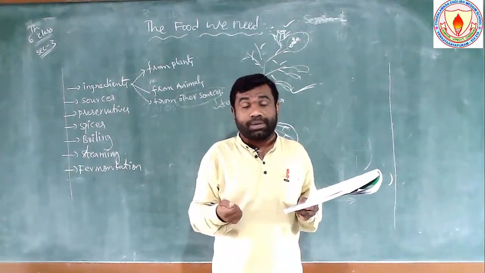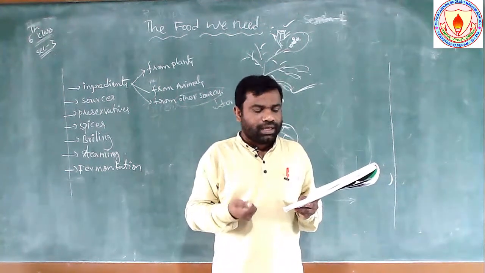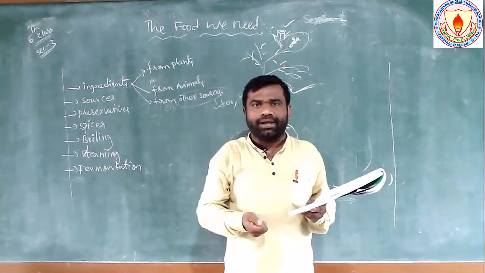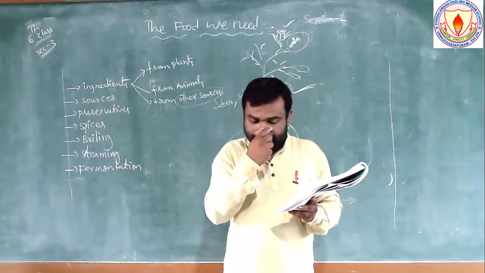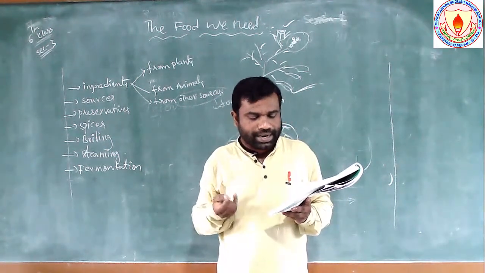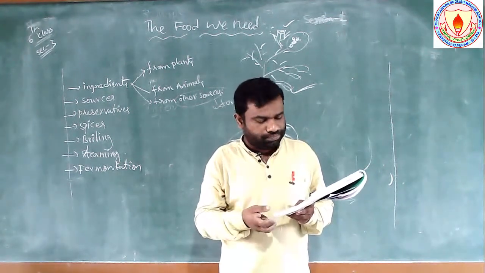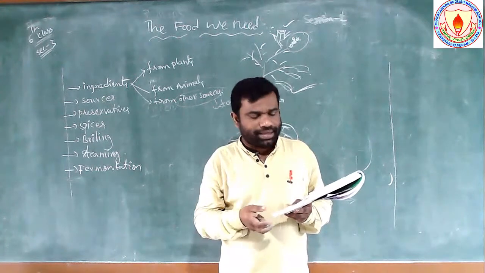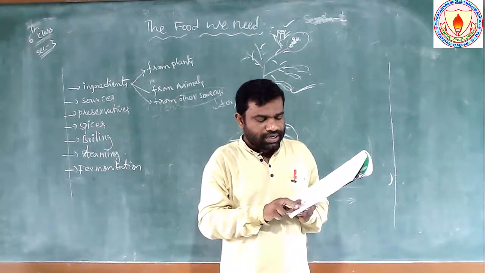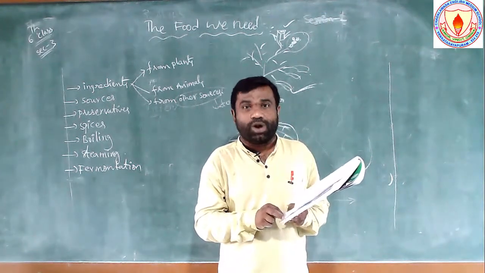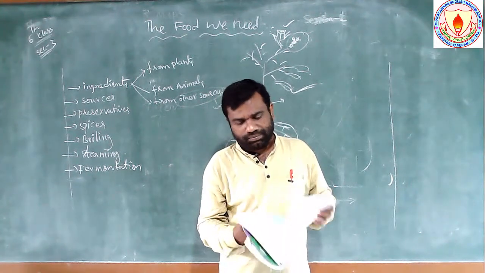In the same manner, we take meat from sheep and goat, and from milk we make food material like curd, cheese and ghee. Eggs from hens and birds. Finally, salt is from sea water. Yes or no?